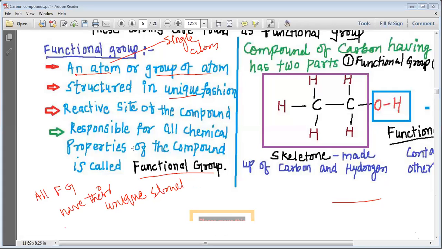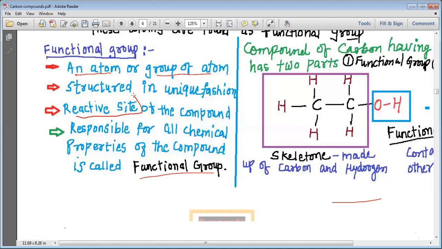Next point, my dear students, we can understand that the functional group is the reactive site of the compound. Whenever any reaction takes place, the reaction takes place at the functional group, not at another part of the organic compound. So it is called the reactive site of the compound.